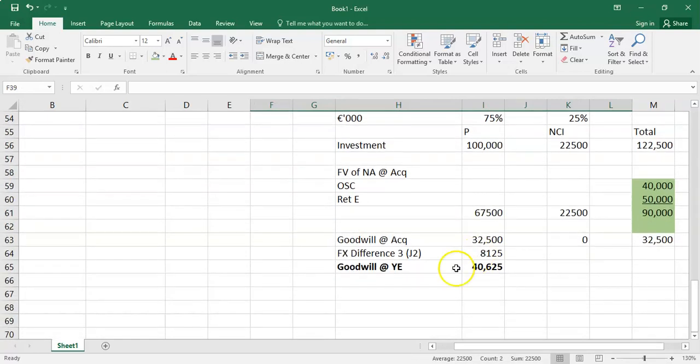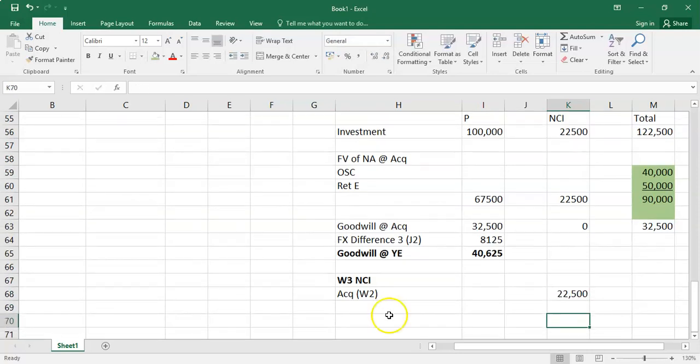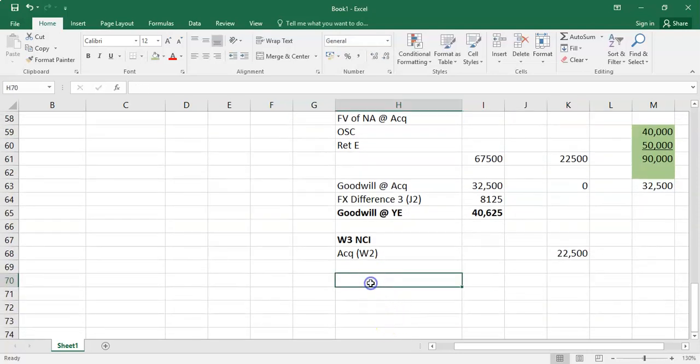So we have our goodwill working done. So what we're going to do is try and finish off the other ones. So we're going to look at working 3, which is going to be our NCI. Right. NCI at acquisition from working 2, we said was 22.5. And the NCI gets a number of things. It's going to get FX difference 1 and 2, which is from journal 1.